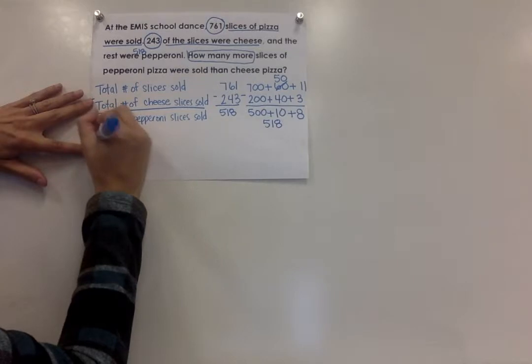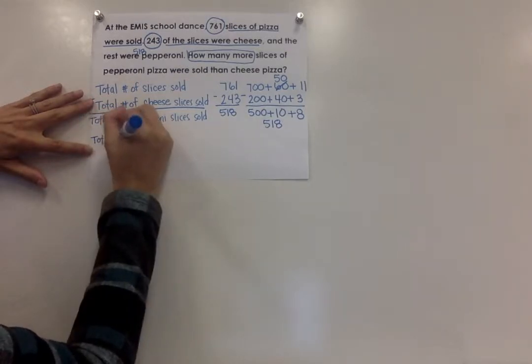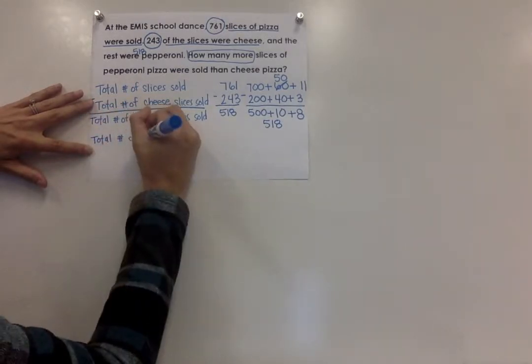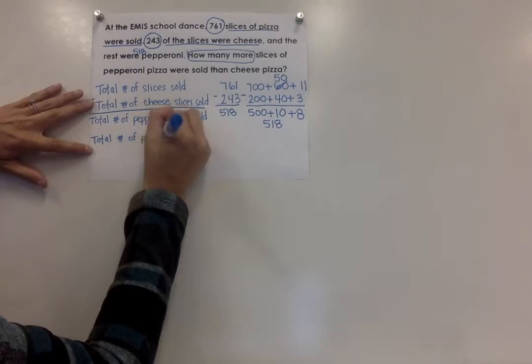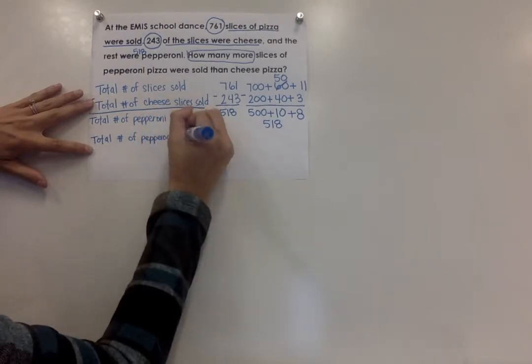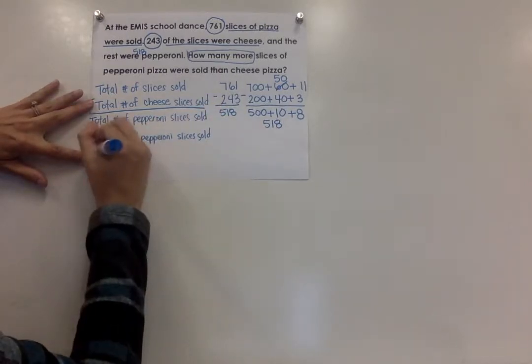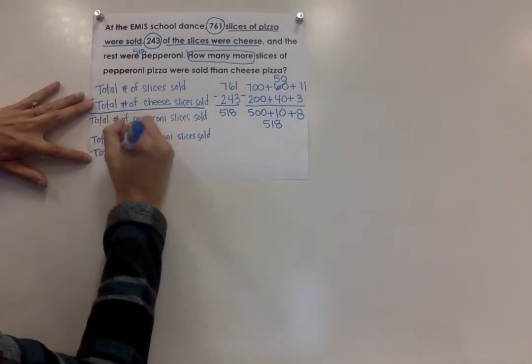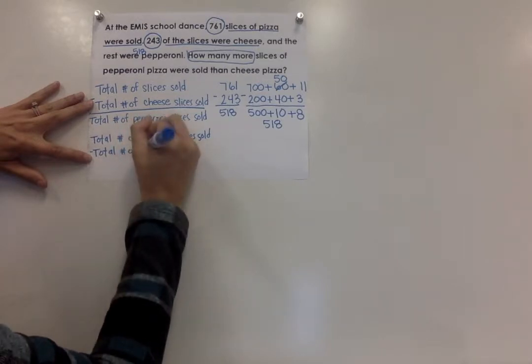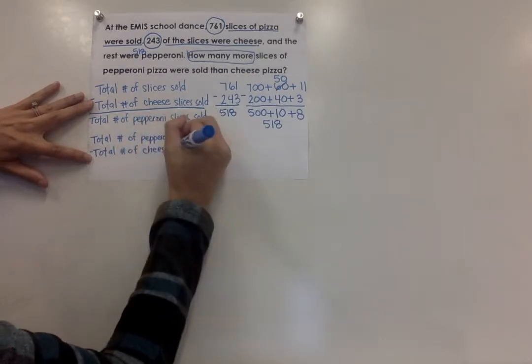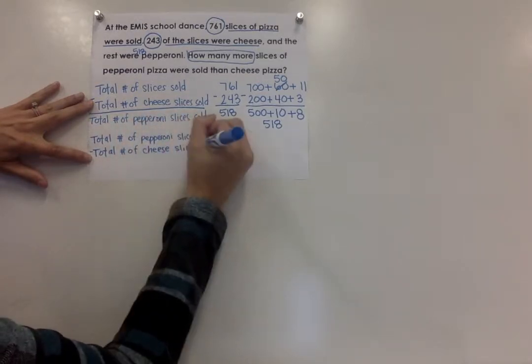I'm going to subtract total number of pepperoni slices sold minus the total number of cheese slices sold.